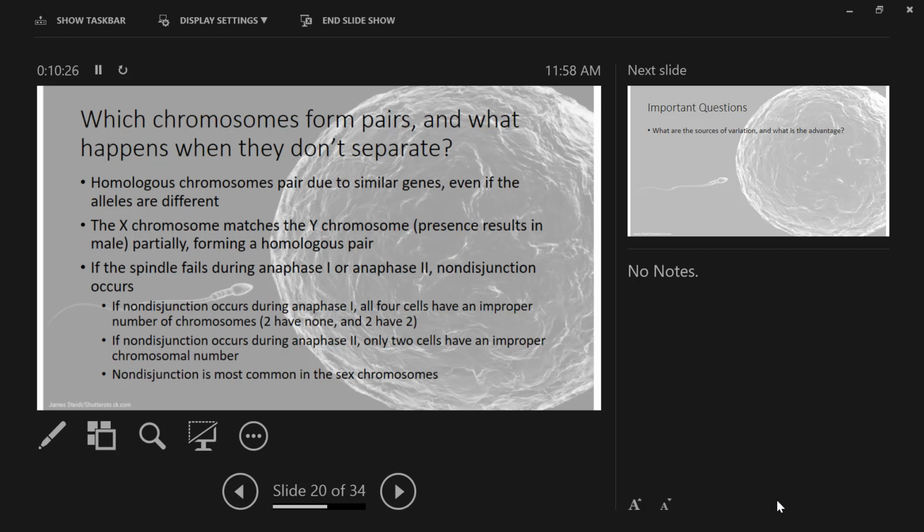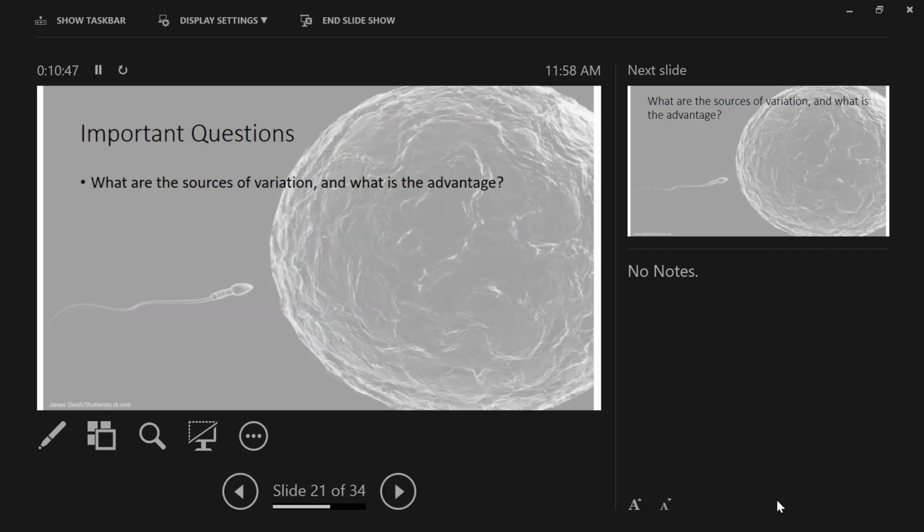There's Edwards syndrome, a trisomy of the 18th chromosome, that has a very low survival rate, but you do sometimes get survival. And then there's also trisomy on chromosome 13. It has a very low survival rate, but you do get some individuals that will survive with a third copy of chromosome 13.